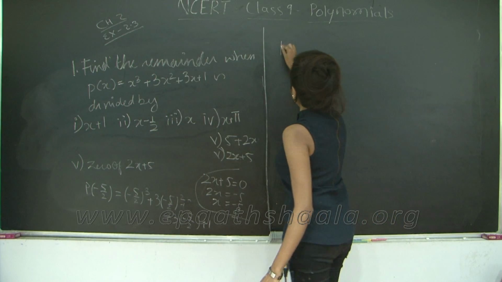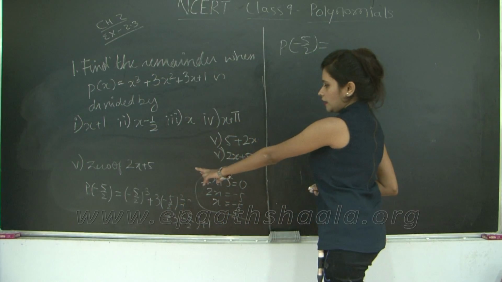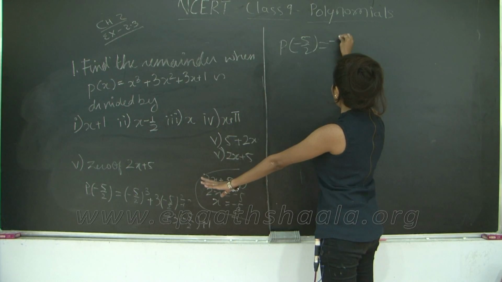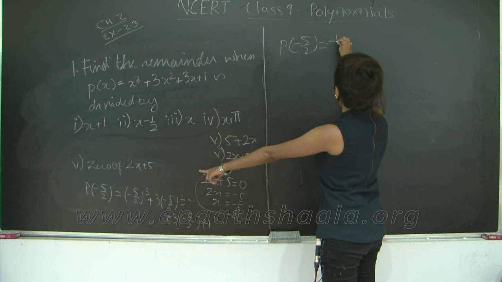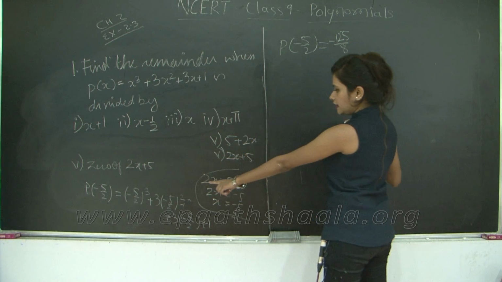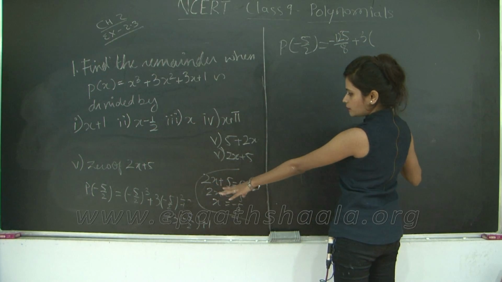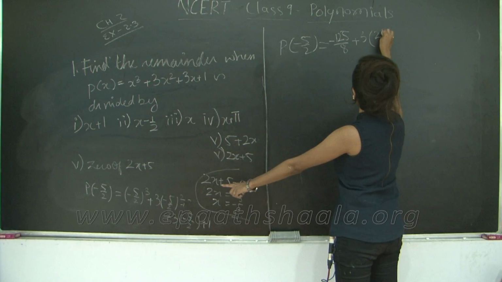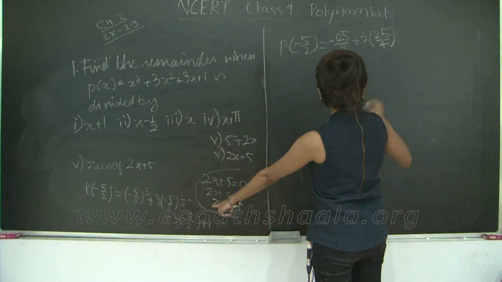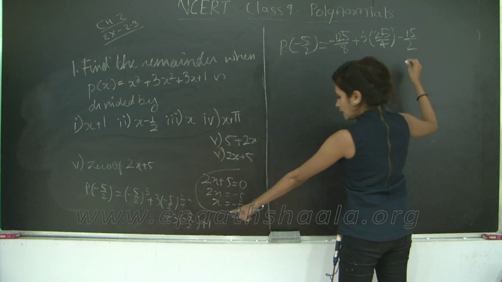First of all, the cube of any negative number is going to be negative. So 5 cube is 125 upon 2 cube, which is 8, plus 3 into the square of a negative number, which is positive, so 25 upon 4, and you are left with minus 3 5s are 15 upon 2 plus 1.